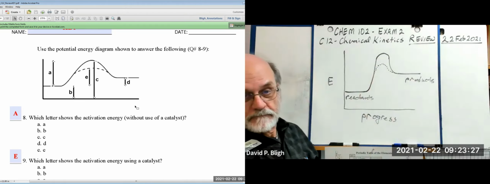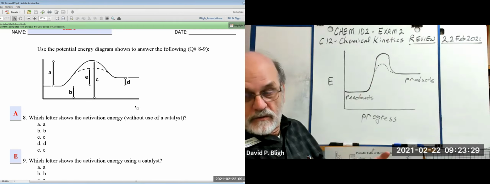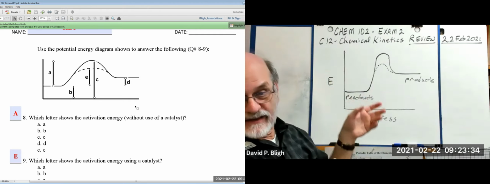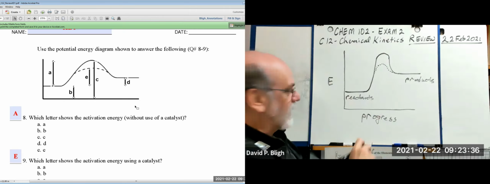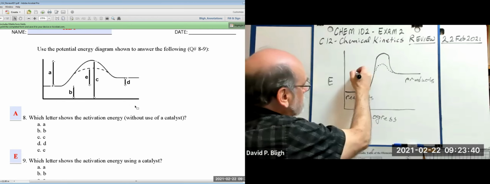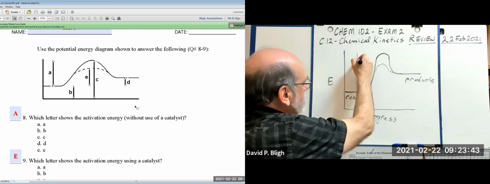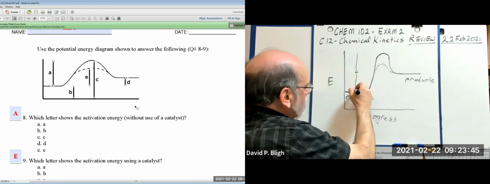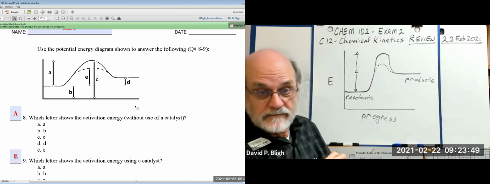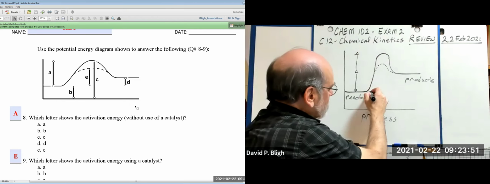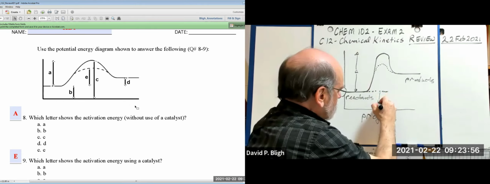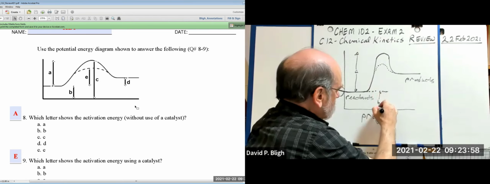We've also added another feature right there. And now we're going to draw some lines and label them. So the energy between here and here is A. B is between here and here.